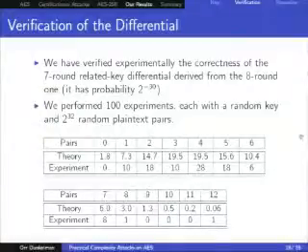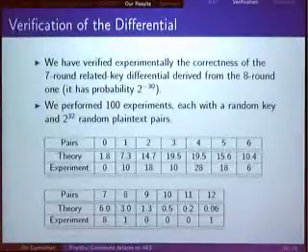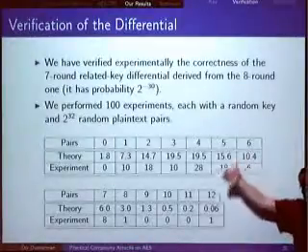We generated the differential characteristic, which is expected to have probability 2 to the minus 30. So we took each time 2 to the 32 random plaintext pairs, which adhere to the input difference, and checked what happens in the output difference. Now in this scenario, because this is a random process, you do not always get 4.